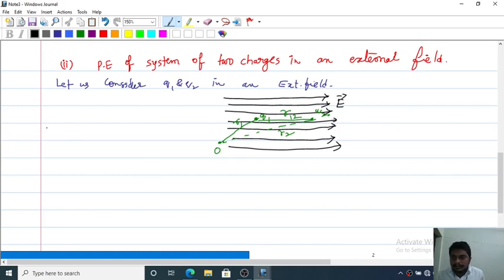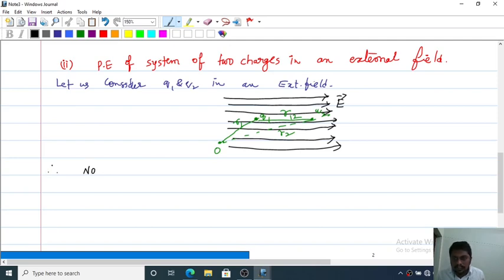Now the work done in locating Q1 and Q2 at a distance R12 will give us the potential energy of the system of two charges in the external electric field. Therefore I want to find the work done in bringing Q1 and Q2.